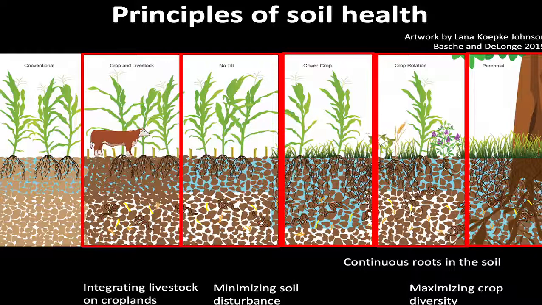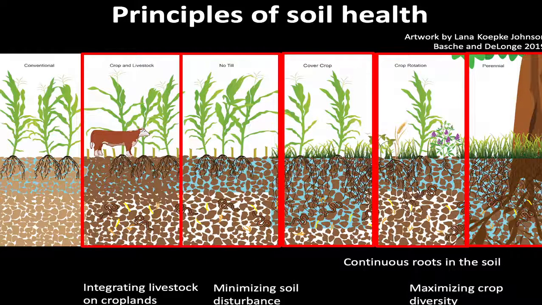So this is a diagram from a paper that we just recently published. A colleague of mine in the department had put this together, but I think it illustrates nicely the principles of soil health, right? So when we're talking about the known principles or practices that can promote better functioning of the soil, we know that means integrating livestock. We know that means reducing the disturbance of the soil through things like conservation or no-till.